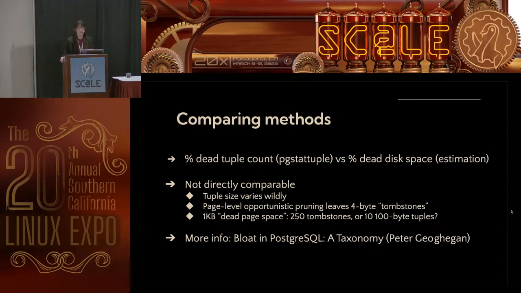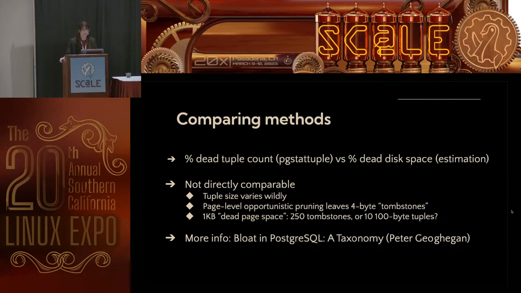That's why I would not recommend comparing the outputs, because they can be quite skewed. You're looking at how much disk space is used versus how many tuples I need. Tuple size can vary wildly, and page-level opportunistic pruning leaves 4-byte tombstones, which might throw this off in a pretty heavy way.